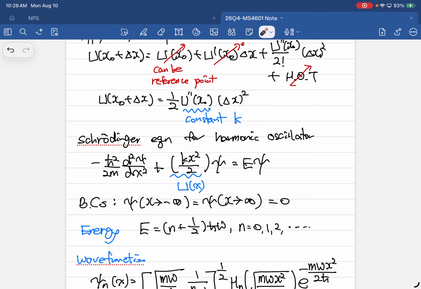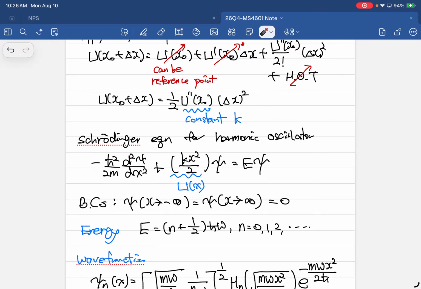So again, it's discrete energies. The lowest energy is 1/2 h bar omega, and the next available energy is 3/2 h bar omega, and then the next one is 5/2, 7/2, and so on. So there is definitely an energy gap.